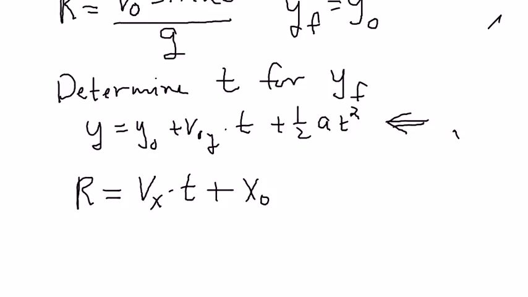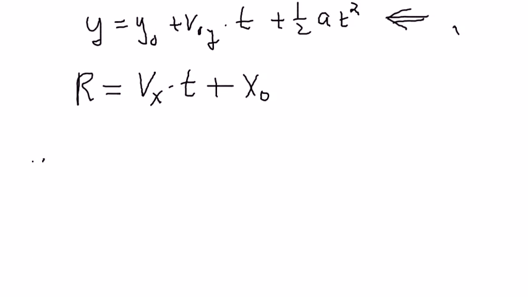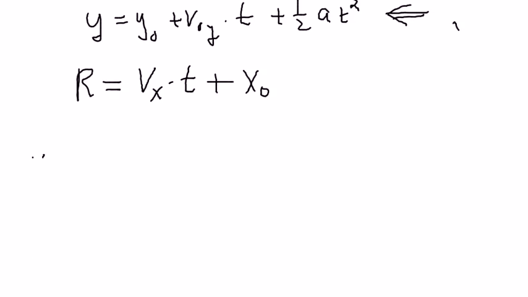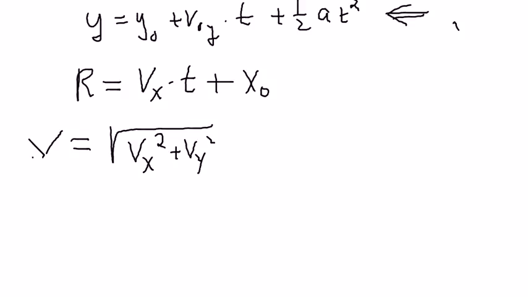The two other points that are worth remembering when we do this stuff is that the velocity at any point is given by vx squared plus vy squared, and that the angle is given by vy over vx.